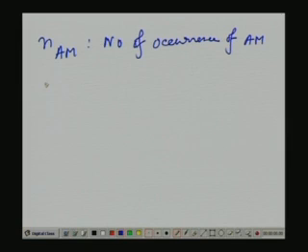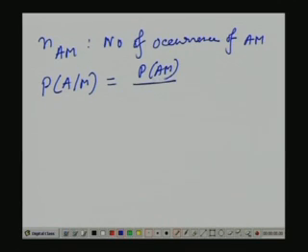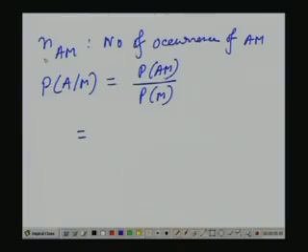In that case, if we apply our formula, then P(A/M) is P(AM), the probability of the joint occurrence, the intersection between A and M, divided by P(M). And what happens is N_AM. What is P(AM)? We are having total trials small n, out of which N_AM times we are getting this intersection, that is both A and M simultaneously.